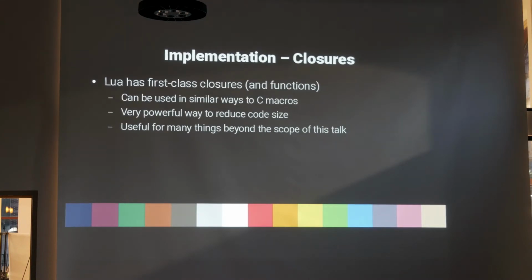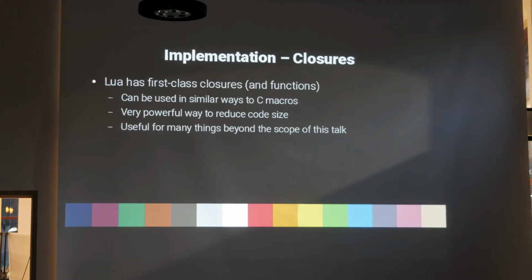Another really important thing you should know about Lua in general, and PICO-8 has these too because it has Lua, is this thing called closures. They have first-class closures and first-class functions, and I'll put up an example in a second. The way that you want to use these, at least most of the time in PICO-8, is similar to how you might use a macro in C, because you can use it to reduce code size.